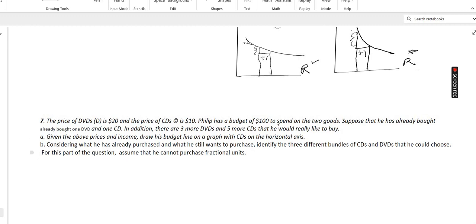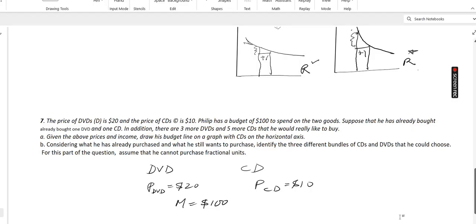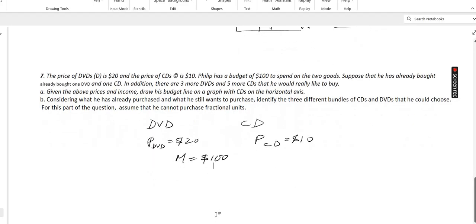In this question, the method of attempting is that whenever we get information, start writing. So what two commodities are mentioned here? DVD and second is CD. The price of DVD is equal to $20 and the price of CD is equal to $10 and the money income he has is equal to $100, right? This information is enough to make the budget line.